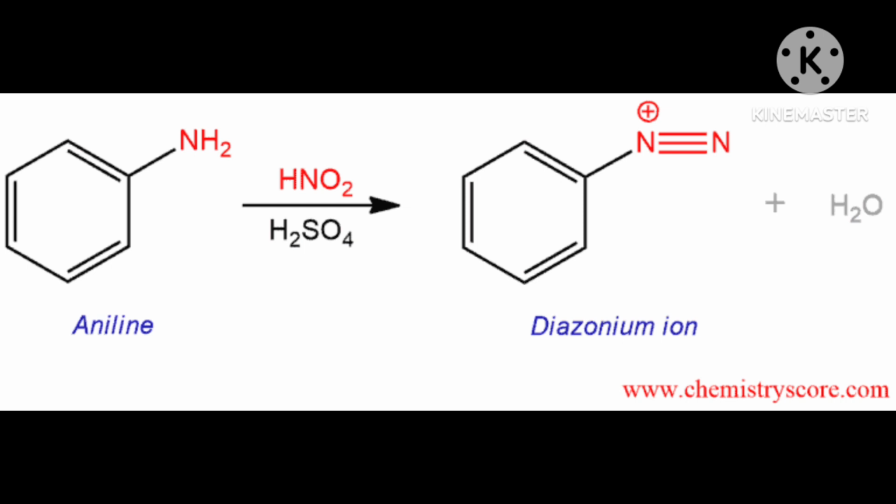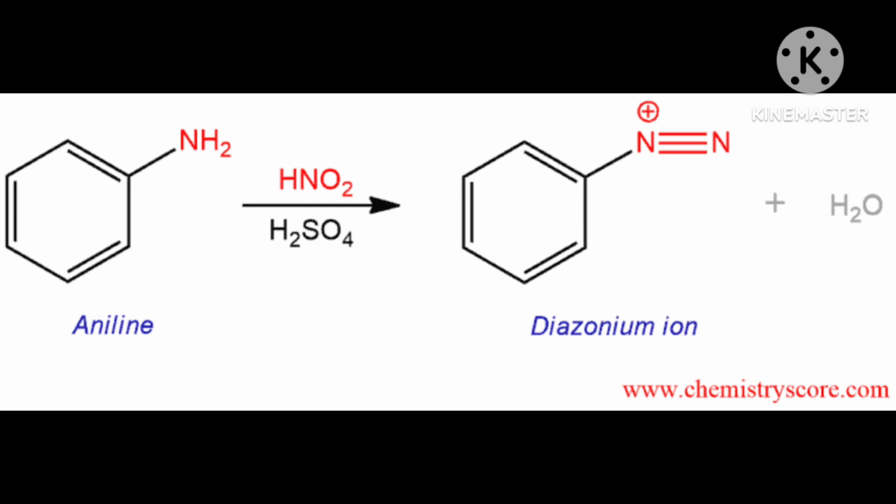Then here what will happen? Because of Cl minus and here BF4 minus. HBF4 was there, the H bond broke, then we got H plus and BF4 minus. Then this BF4 minus will go in the place of Cl minus and Cl minus will come out. Then you will get Ar N2 BF4.